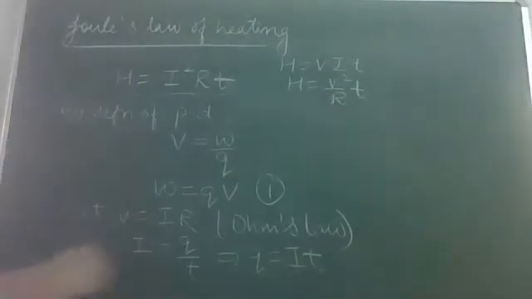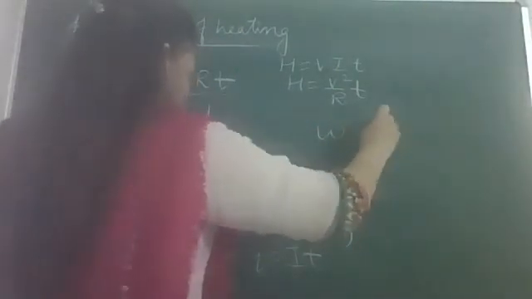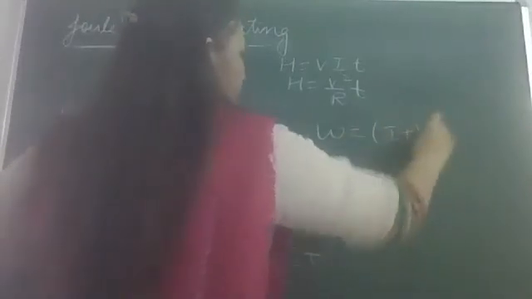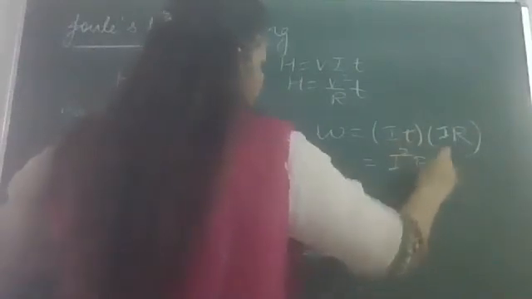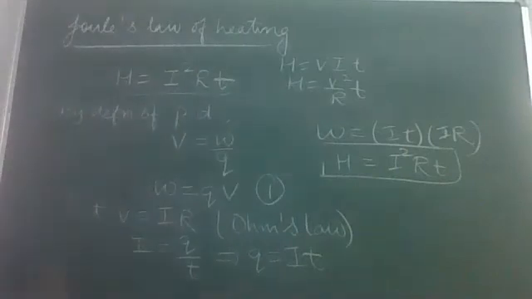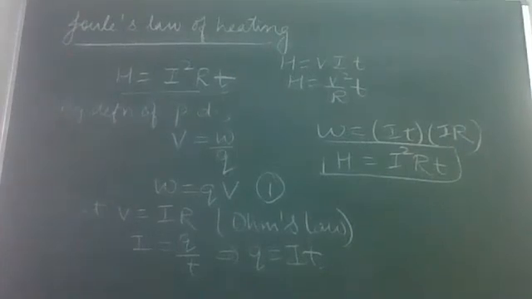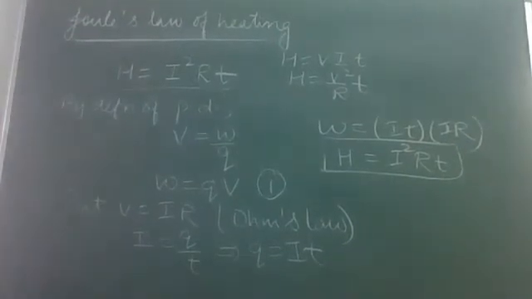So what do we get? IT into IR, I squared R T. Later on this work done is stored in the form of heat. It is dissipated in the form of heat. So that's why this is heat produced. Whatever work is done, ultimately it is converted into heat.